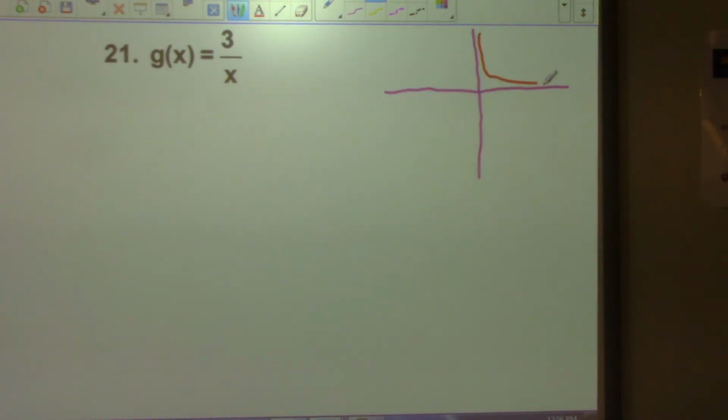Pretty much the same thing. Yeah, it's the same one as problem 13, except in a different place. So do we have a point of discontinuity at x equals 0? Yes.